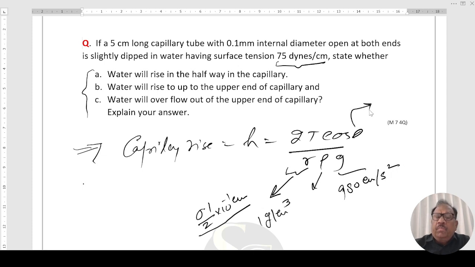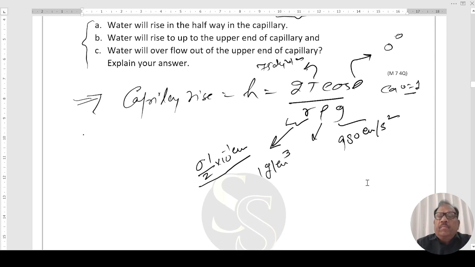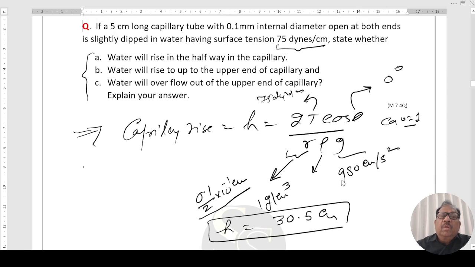Theta, angle of contact for pure water, is 0 degree, so cos 0 will be 1. Surface tension is given as 75 dynes per centimeter. If we calculate it, we get H equal to 30.5 centimeter. Rise is 30.5 centimeter.